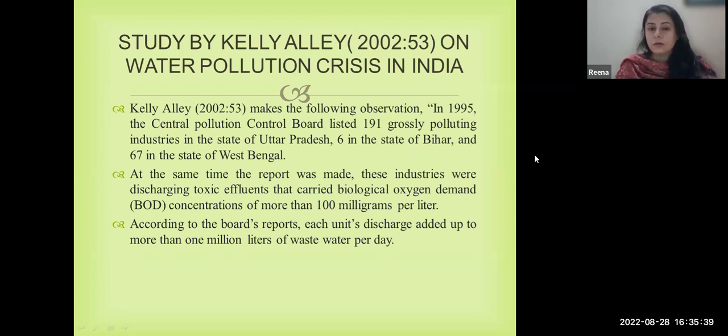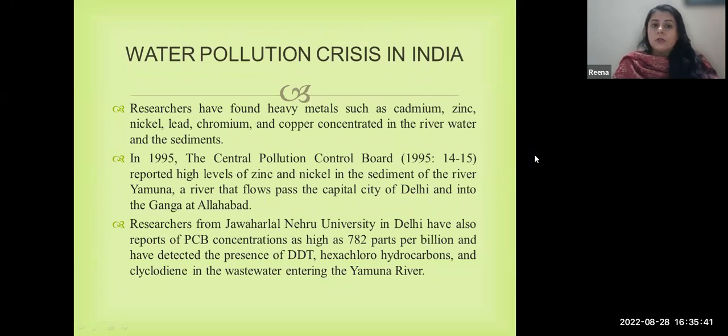discharged into these rivers. Researchers have now found that heavy metals such as cadmium, zinc, nickel, lead, chromium, and copper are concentrated in the river water. In 1995, high levels of zinc and nickel were reported in the sediment of the river Yamuna, a river that flows through the capital city of Delhi and into the Ganga at Allahabad.